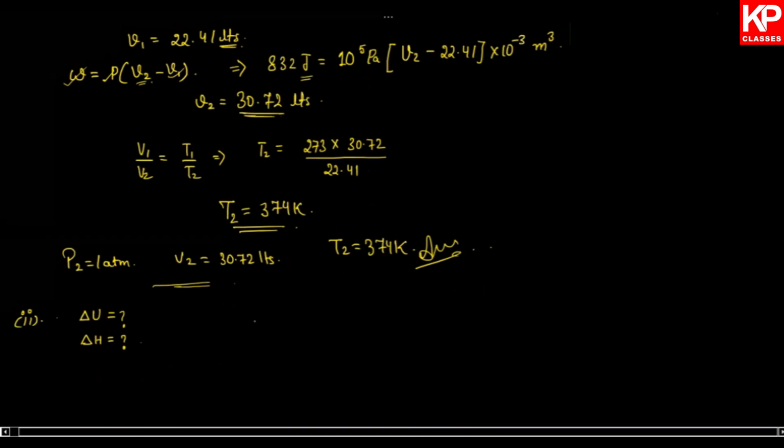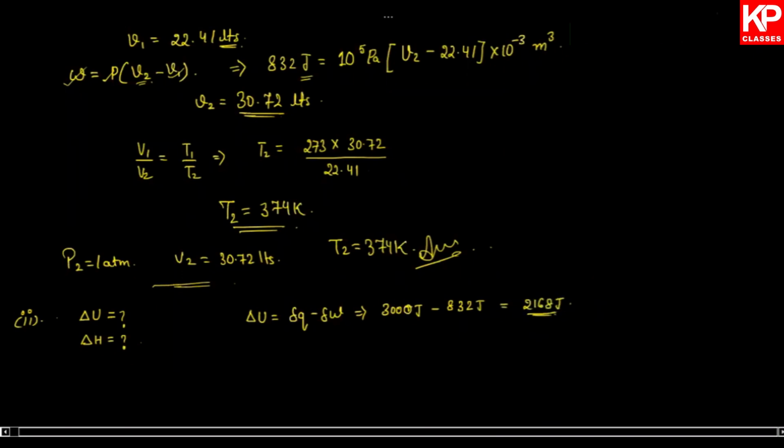As you can see, delta U you can directly calculate based upon the first law, that is del Q minus del W. Del Q, I believe, is 3000 joules, and del W is given by 832 joules, which will come to 2168 joules.